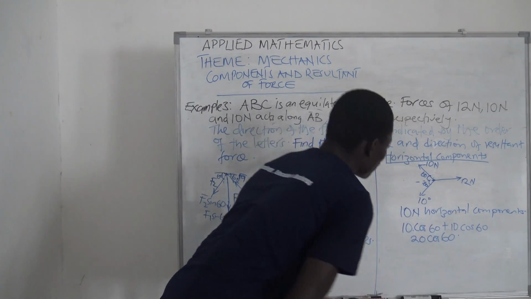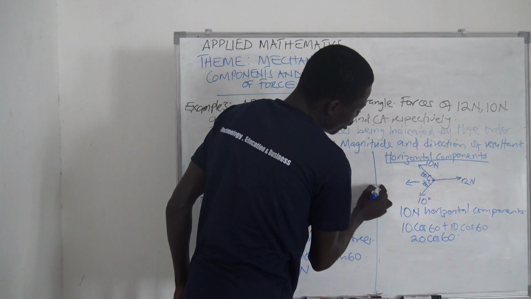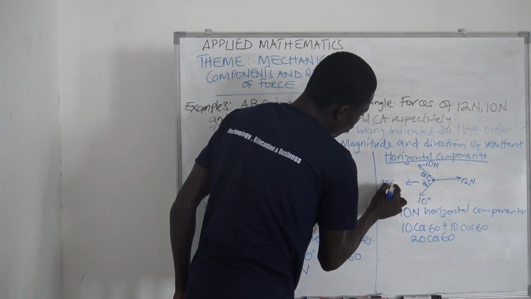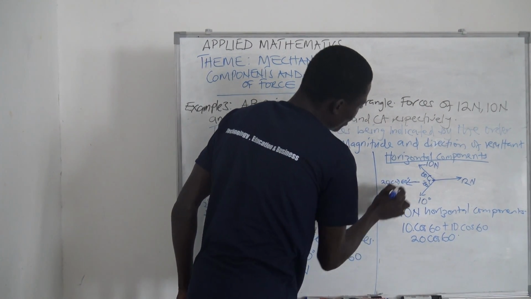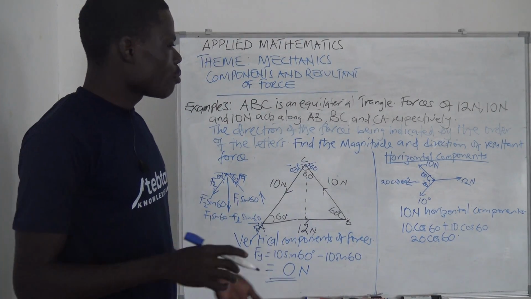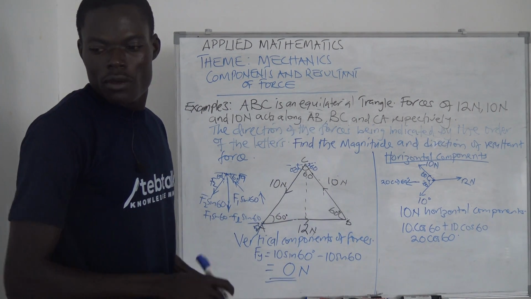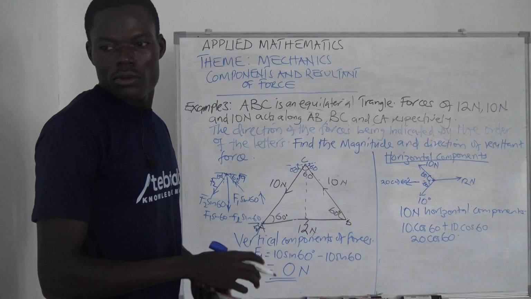So this is the horizontal component for the two. Now we have this component which is the overall one, which is 20 cos of 60 minus the other component which is 12.